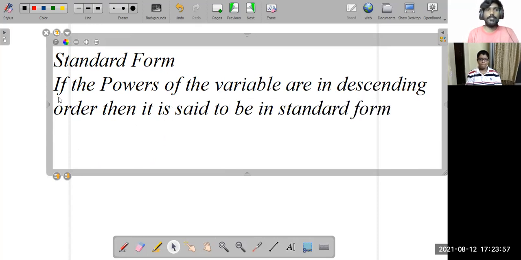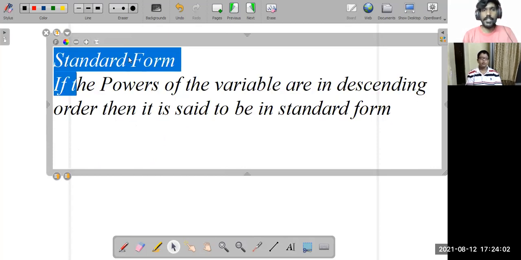Okay. So if the powers of the variable are in descending order, then it will be said to be in the standard form.